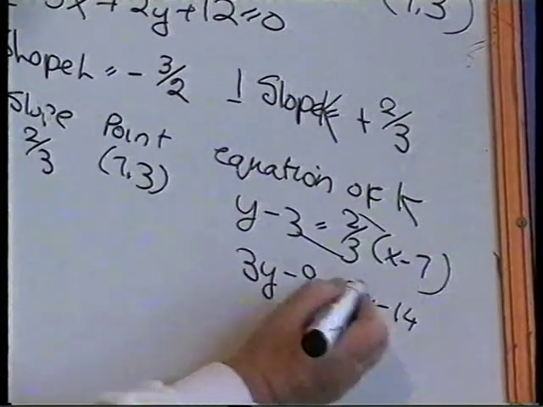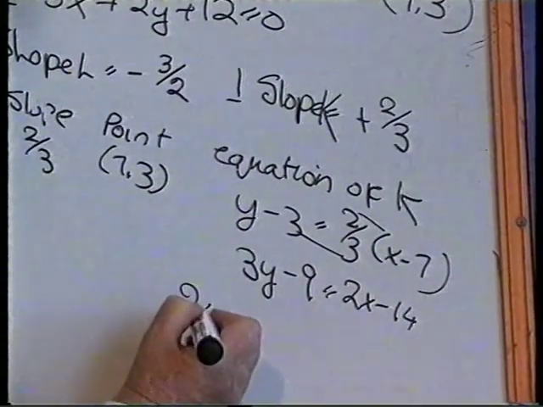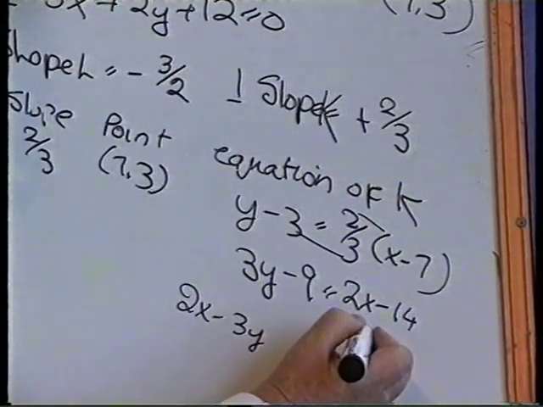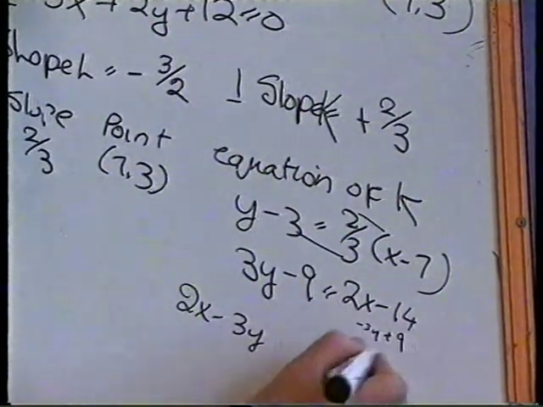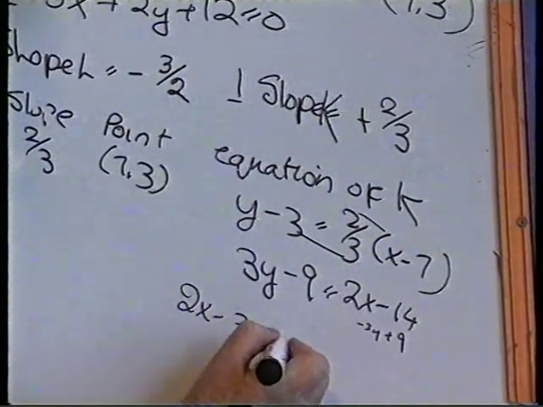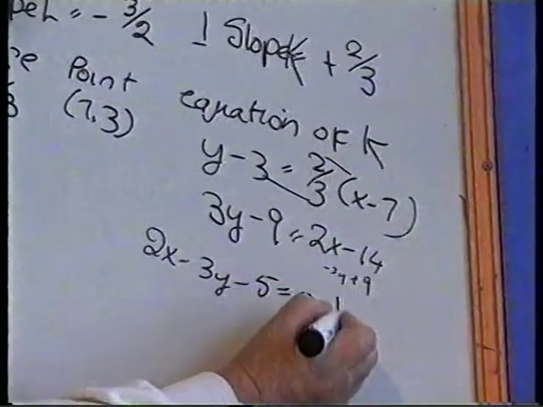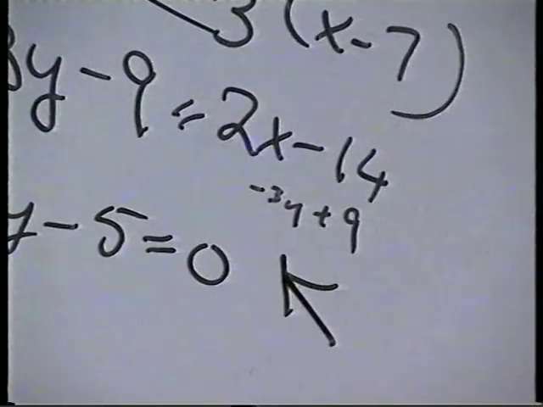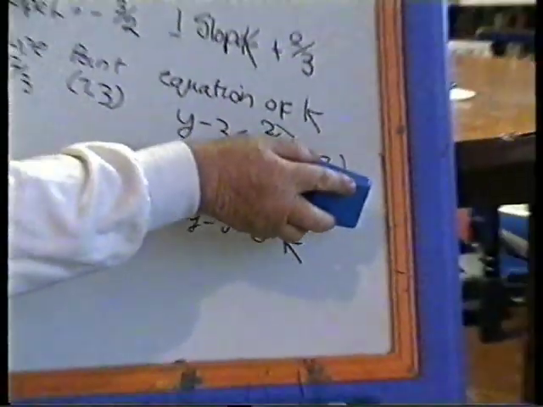And bringing the y, I'll have 2x minus 3y. I'm bringing those over there. I'll have minus 3y and plus 9. Plus 9 and minus 14 will give me minus 5 equals 0. That's K. And L is 3x plus, there's L up there.